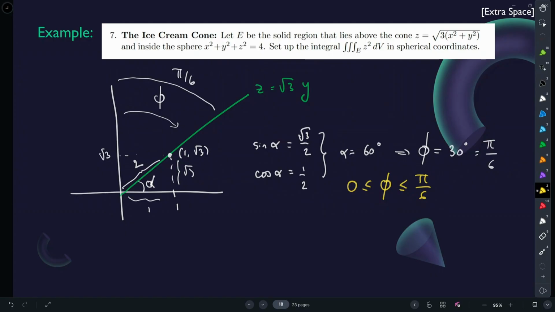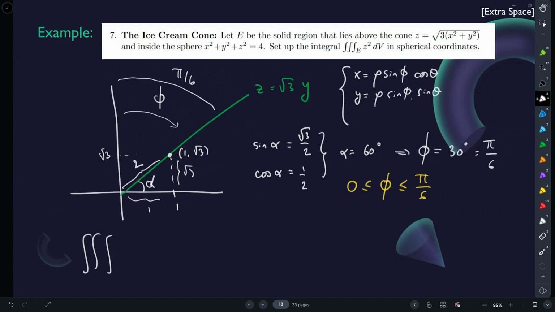So now I can set up the integral in spherical coordinates. By the way, let me remind you, I'm going to need what the z coordinate is in spherical. As a reminder, you can bring a note sheet to the exam. x is rho sine phi cosine theta, y is rho sine phi sine theta, and the z coordinate is rho cosine phi.